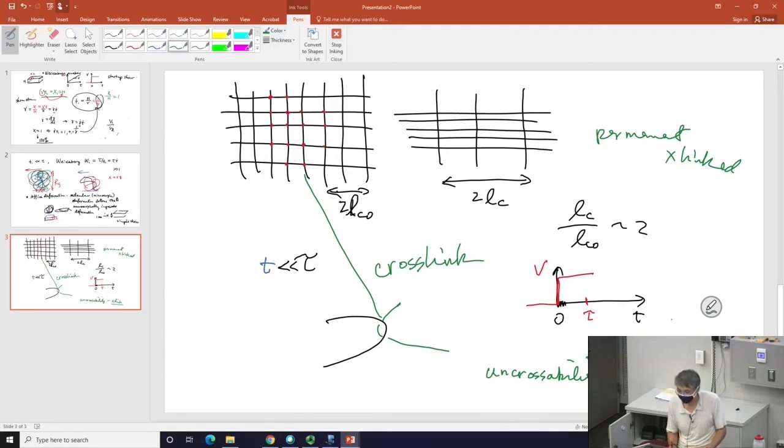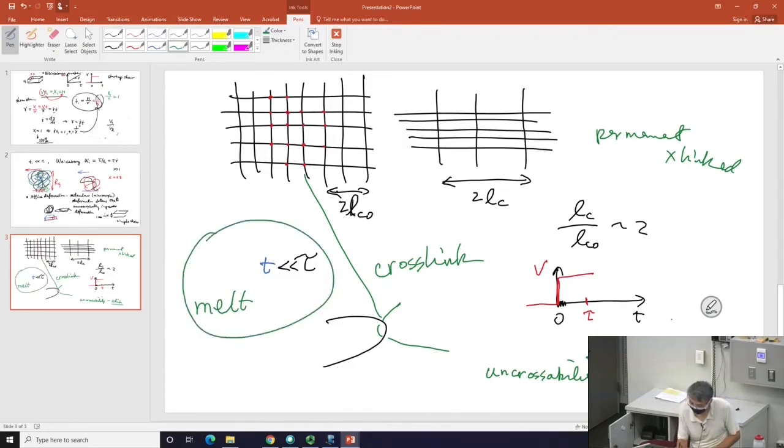But now we're talking about a melt that has no cross-linking, or an untangled melt to be precise, in the sense the chains are rather long, beyond certain chain lengths.